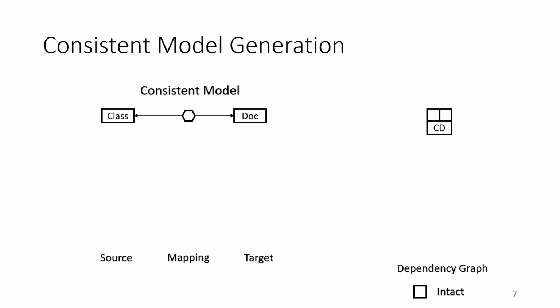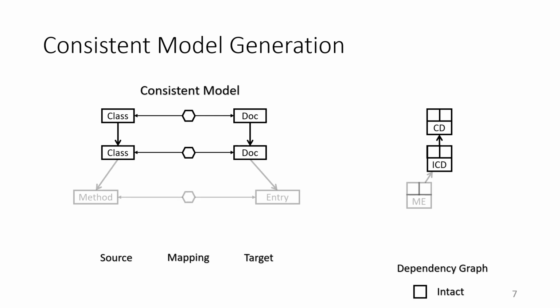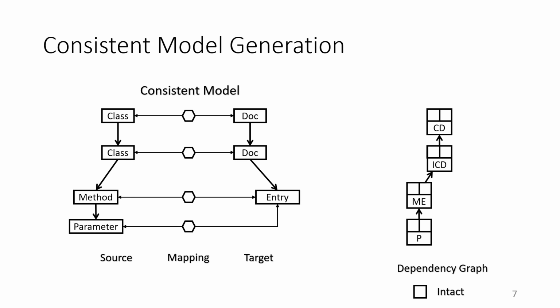And now let's apply some more rules and enrich our model by creating some subclass and subdocument with methods, parameters, and entries. And as you can see, these changes are directly reflected in our dependency graph, where you also see how these changes depend on one another.